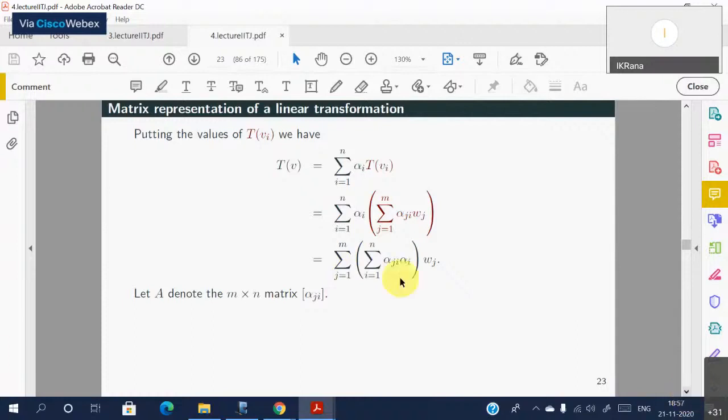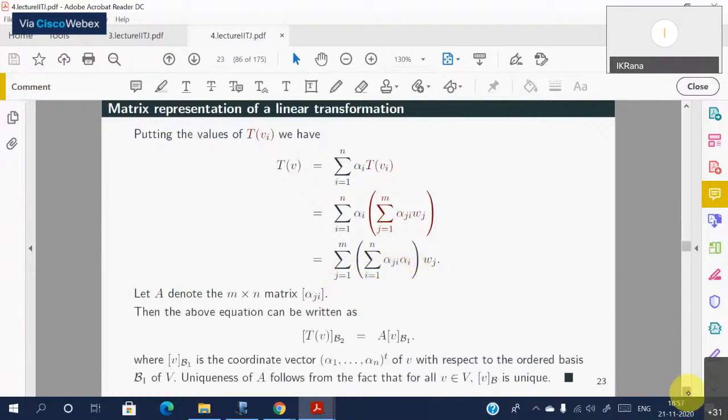So we can write this down now. Let us denote by A the matrix alpha ji. Then this is nothing but writing T of v with respect to B2 as equal to this. That means T of v is a linear combination whose coordinates with respect to B2 are nothing but A multiplied by the coordinates of v, that is alpha 1 to alpha n.